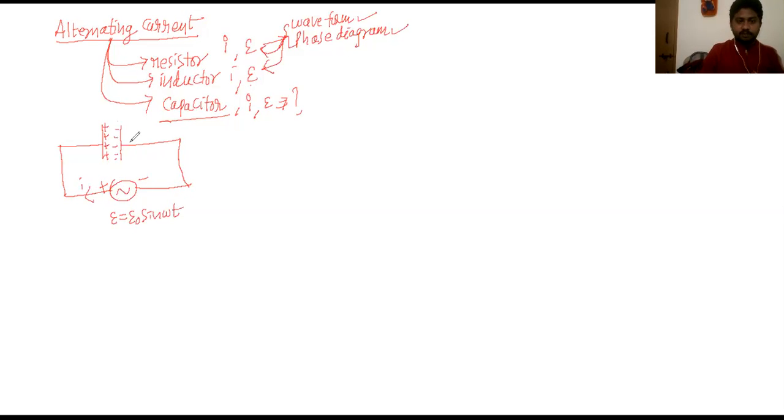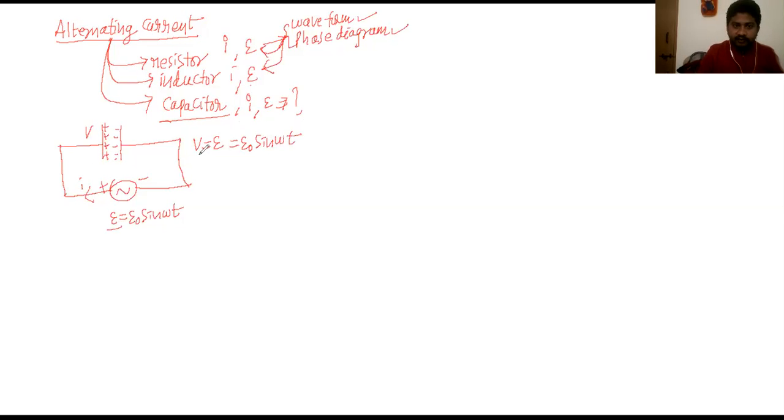A potential difference develops across the capacitor, and this potential is equal to the source potential. So V is equal to E naught sine omega t, my dear students.